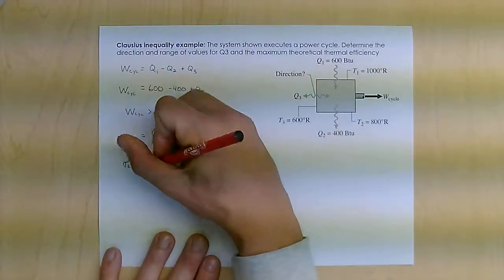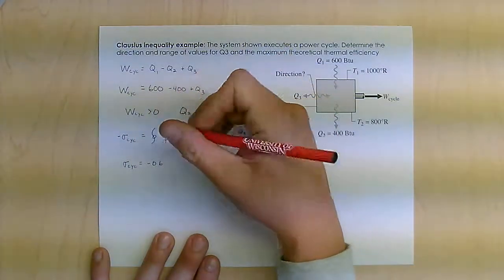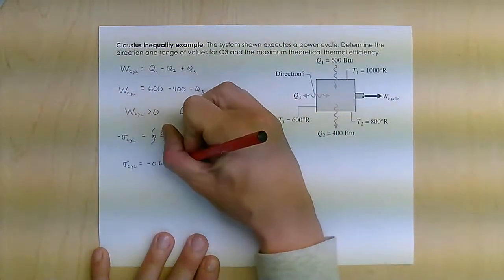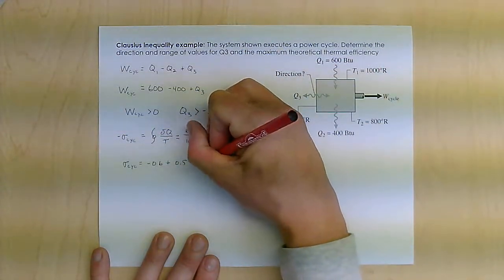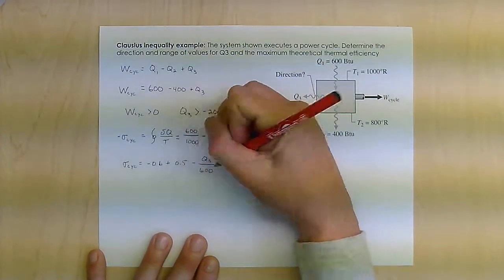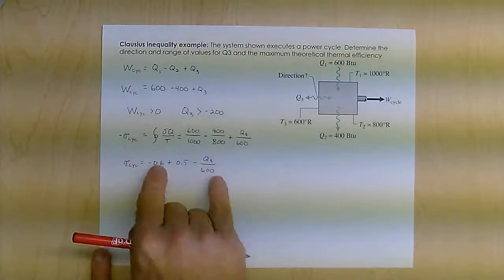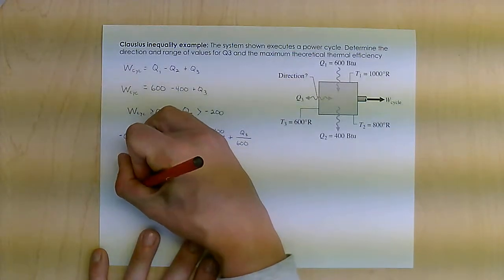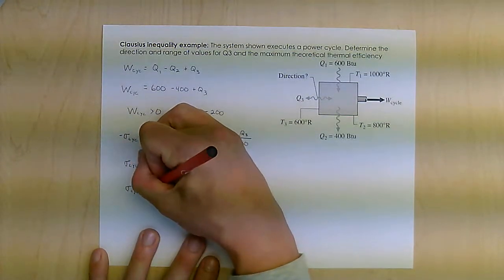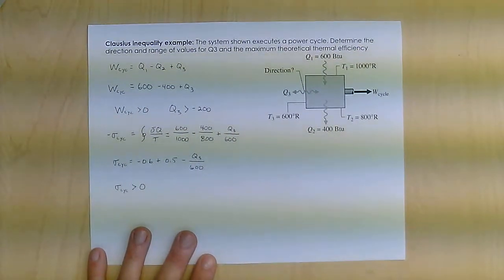Okay, so I get negative 0.6 plus 0.5 minus Q3 over 600. So again, it's just flipping the signs and getting that in a more usable form, because what I know is that my sigma has to be greater than 0.